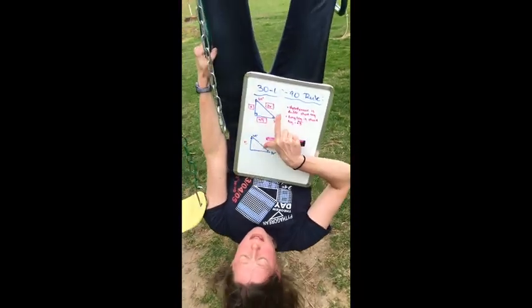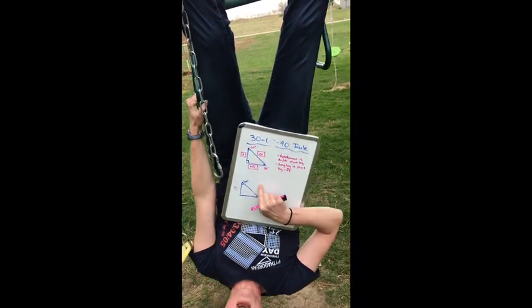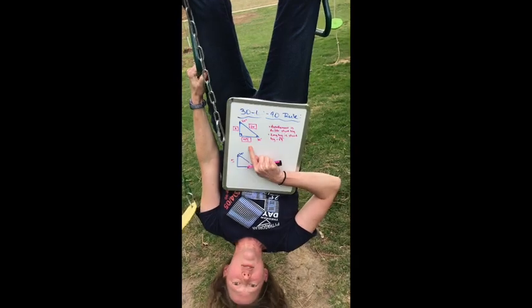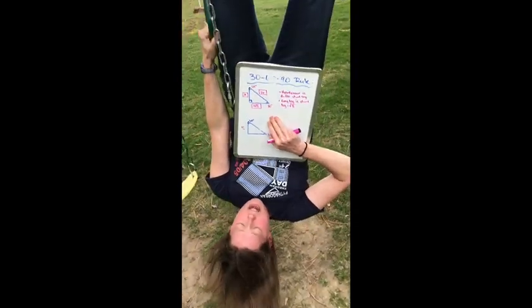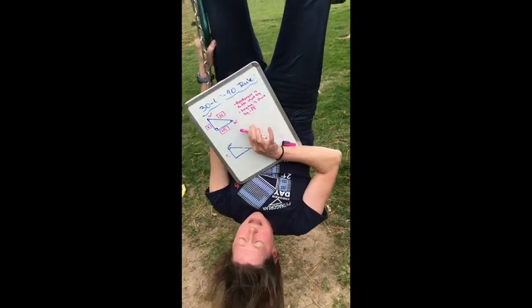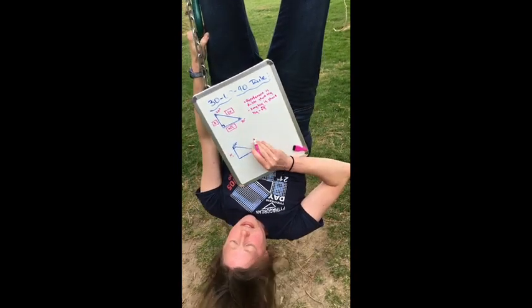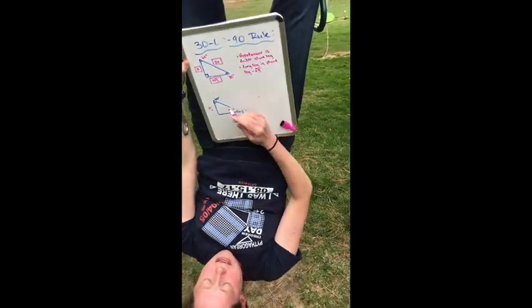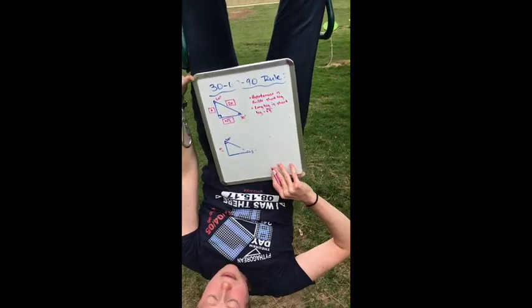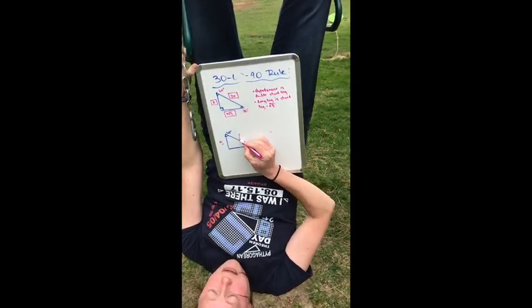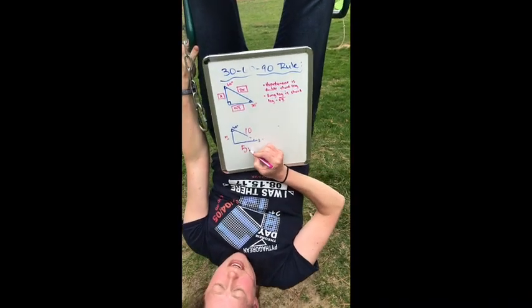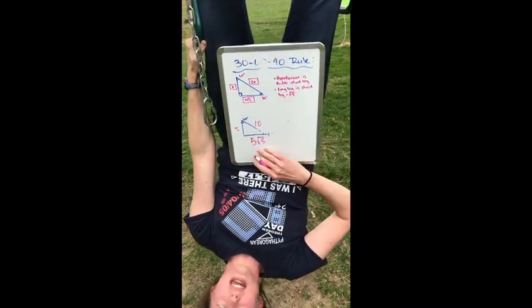Okay, the short leg times 2 gives you the hypotenuse, and the short leg times radical 3 gives you the long leg. So, for instance, if you look at this triangle here, the short leg is 5. Okay, that makes the hypotenuse 10, and the long leg, yes, you said it, 5 radical 3.